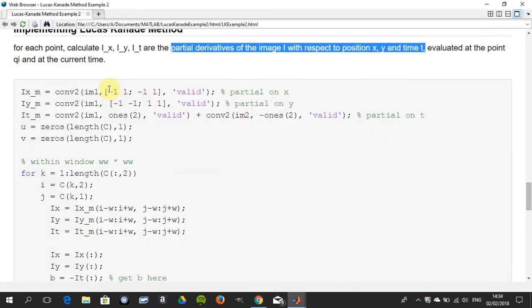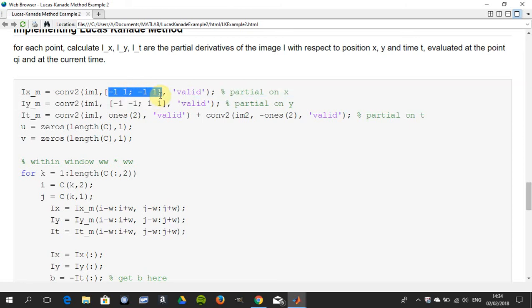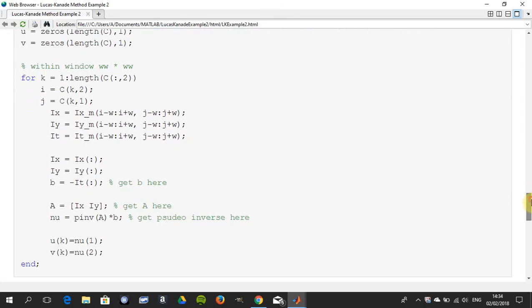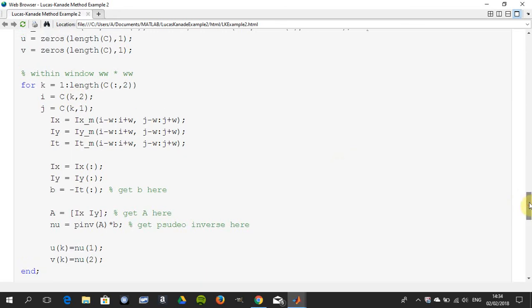There, those guys, just say we're getting the partial derivatives in the x, partial derivatives in the y, and then we convolve with the time as well. We do our least squares solution, just go up a tiny fraction.